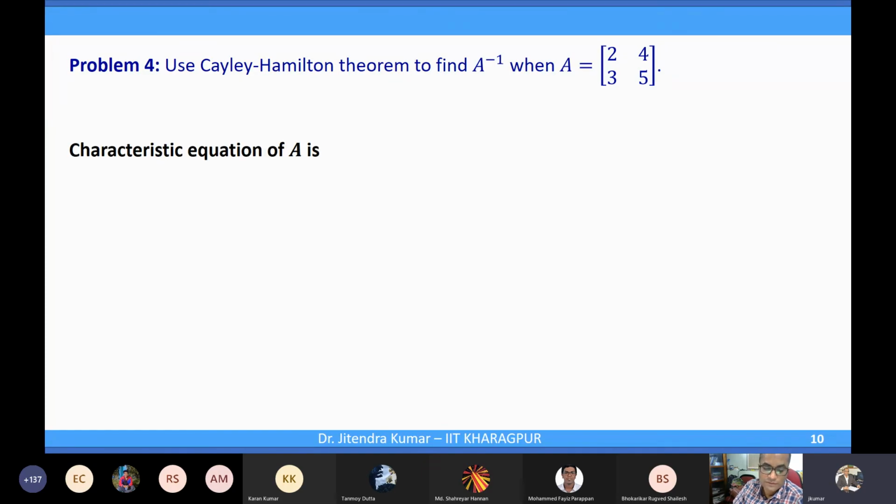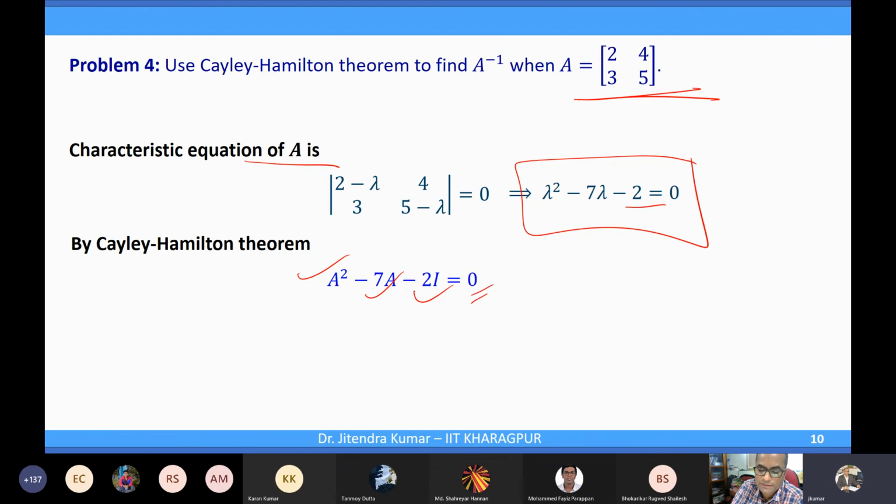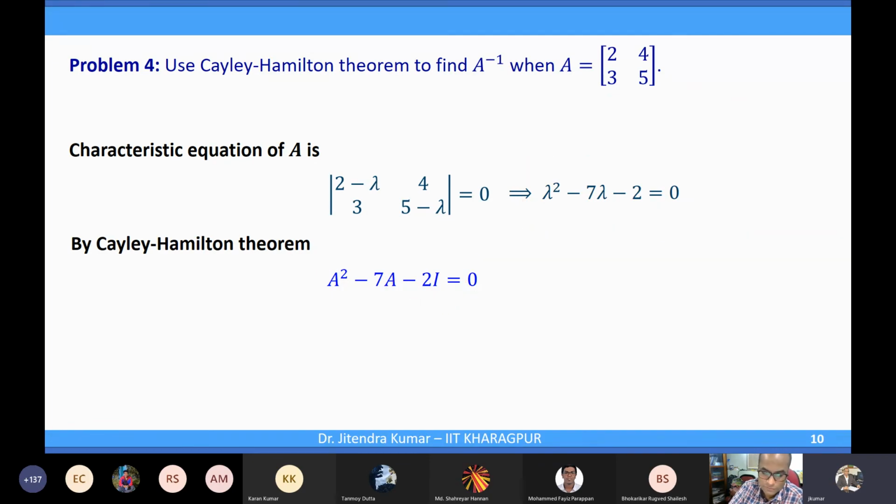You write down the characteristic equation of A, determinant of A minus lambda I equal to 0: lambda square minus 7 lambda minus 2 equal to 0. The Cayley-Hamilton theorem says A square minus 7A minus 2I must be equal to the zero matrix.